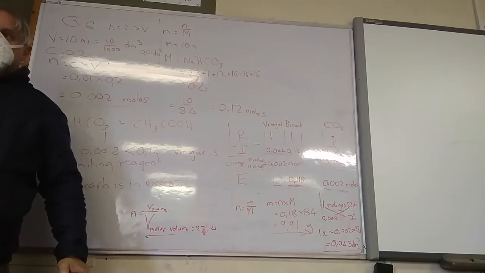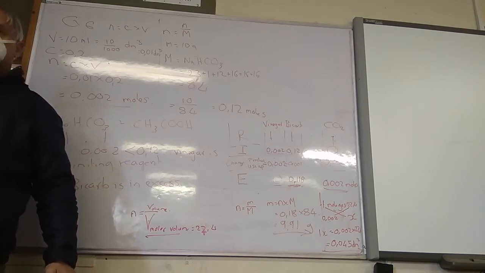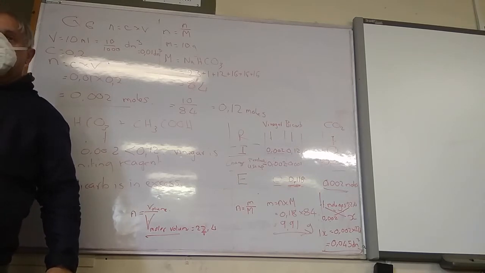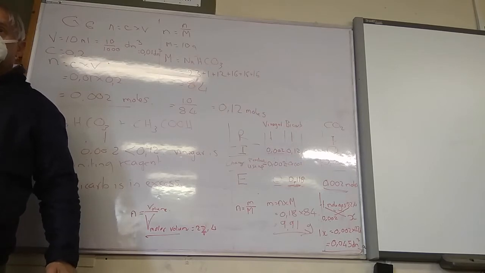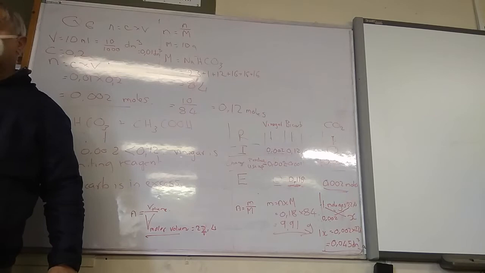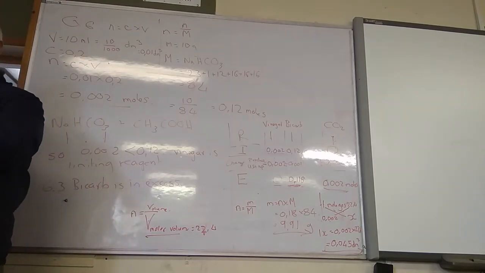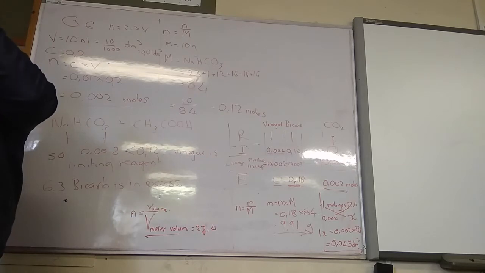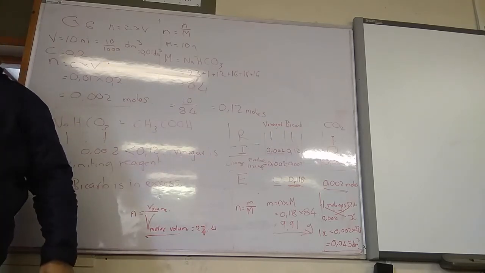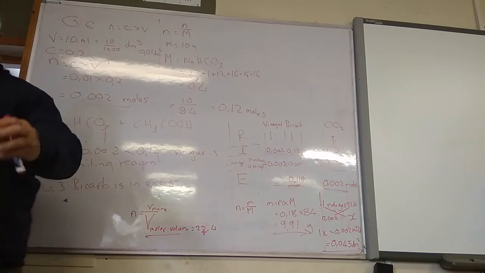I need 22.4 liters. Each of these is 2, so I need 11 and a bit bottles full of gas to equal a mole of gas. If I line up 1, 2, 3, 4, 5, 6, 7, 8, 9, 10, 11, and a little one, that's 0.4 of a liter, then I would have 1 mole of gas.